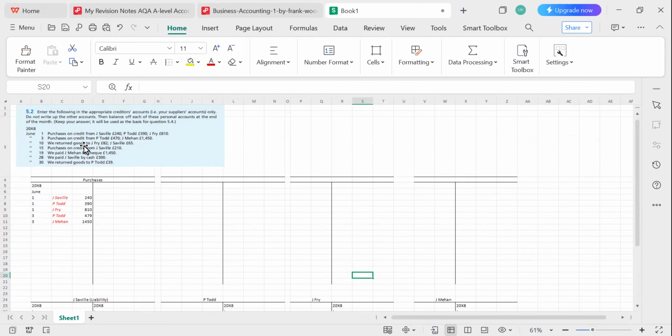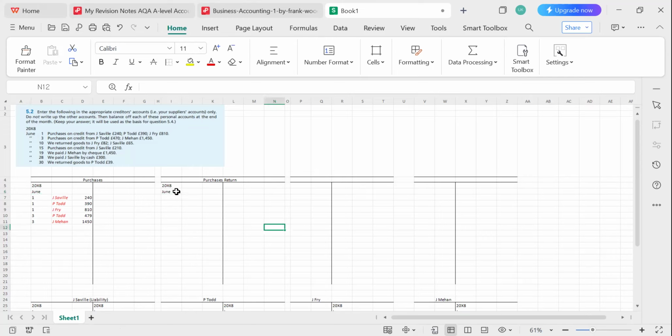We return goods to J Fry, J Seville. So return outwards or purchase return. Okay. And on which date this entry is happening, let's write down that.